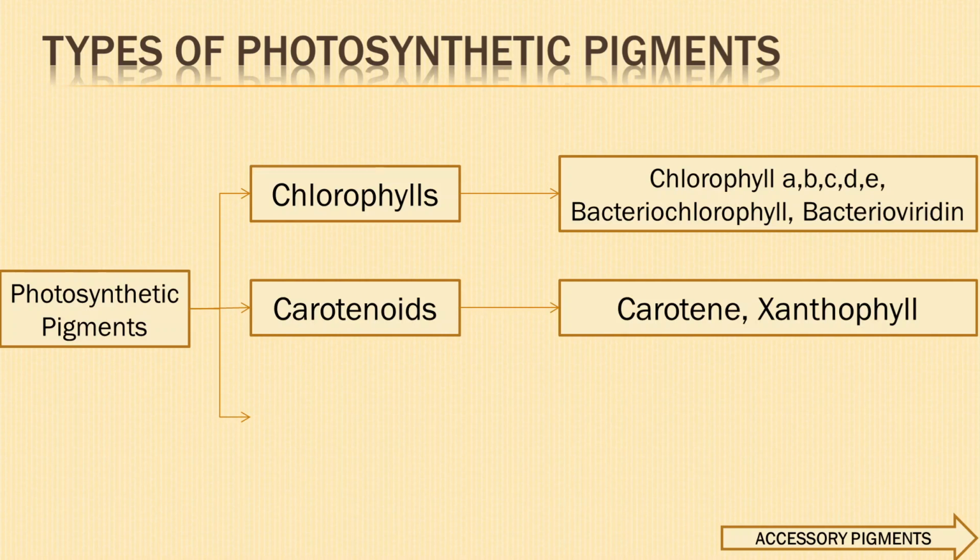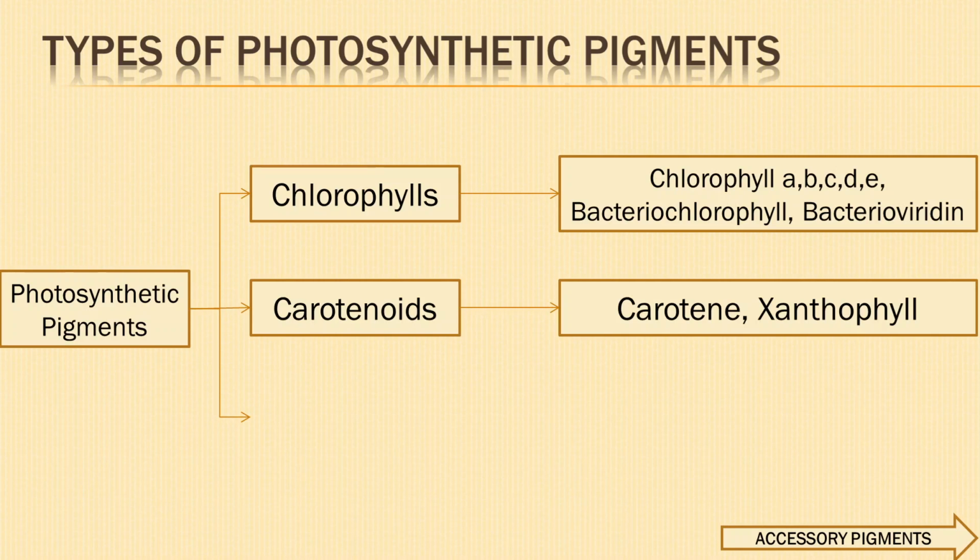Carotenes, orange color, empirical formula C40H56. Major carotene in plants is beta-carotene. Xanthophylls, yellow color, C40H56O2.